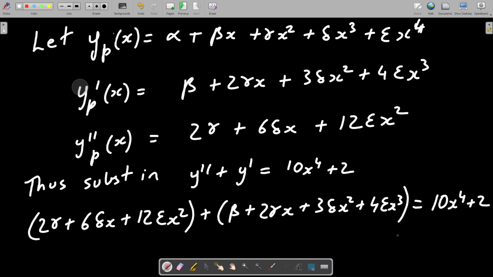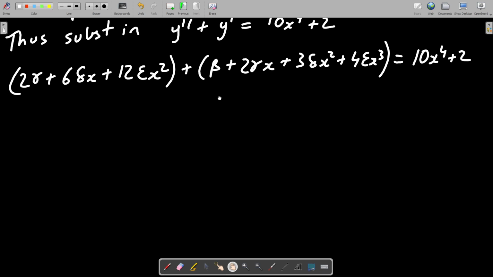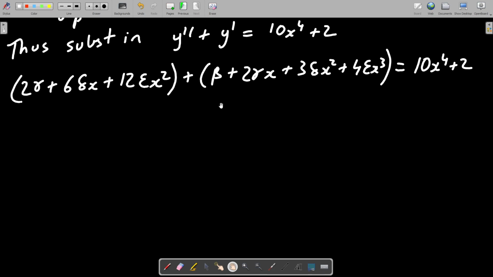I think I'm going to get a problem here. We're going to have a problem here because there's no degree 4 term on the LHS. But on the other side, we'll get 10 equal to 0 here. That can't happen.